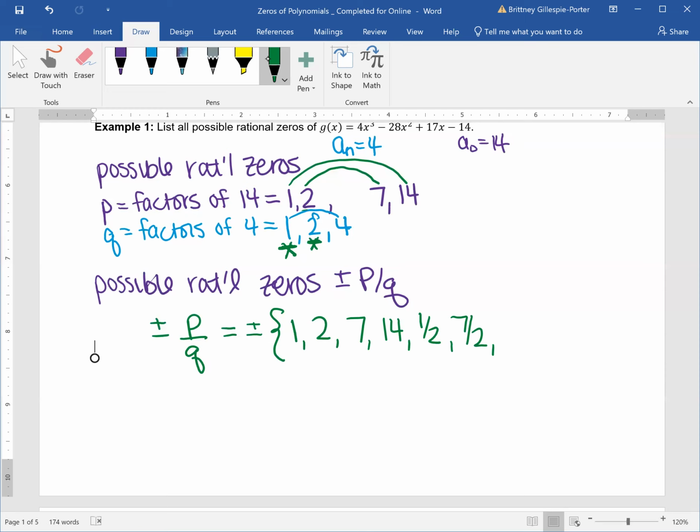Next comes a 4. 1 divided by 4, when you do the division in your calculator and convert it back, you get 1/4. 2 divided by 4 is 1/2, already on the list. 7 divided by 4 is new, so we need to include that. 14 divided by 4, when you divide it in your calculator and convert it back to a fraction, we get 7/2, which means we have finished dividing all of our factors of 14 divided by all of our factors of 4.